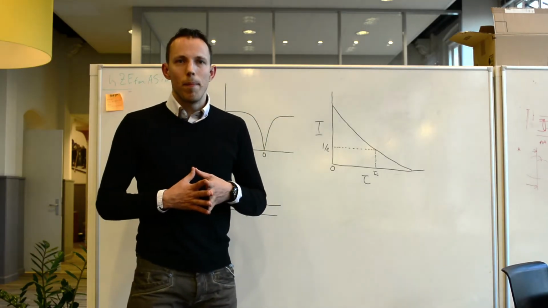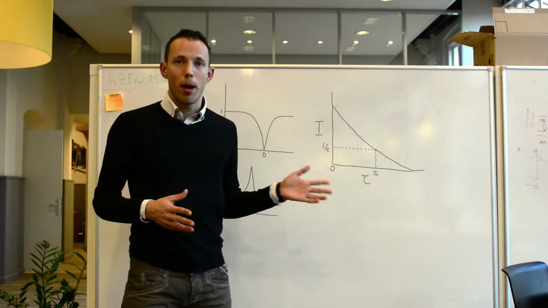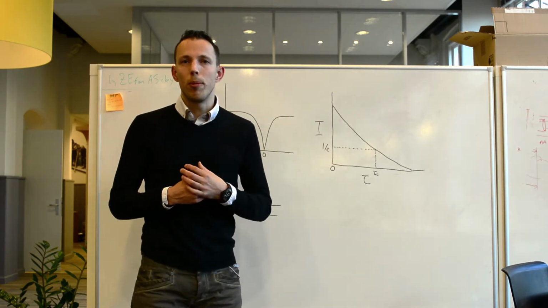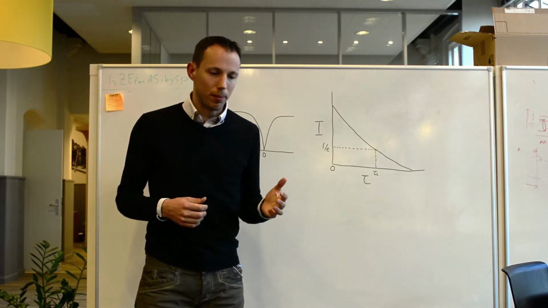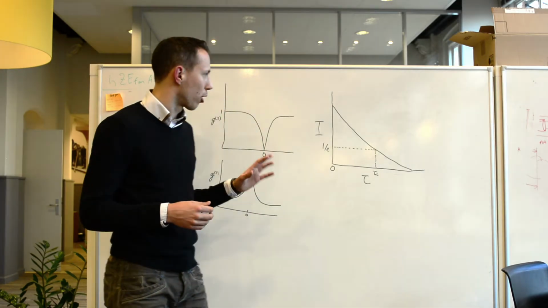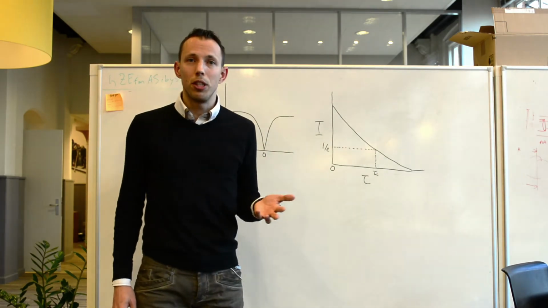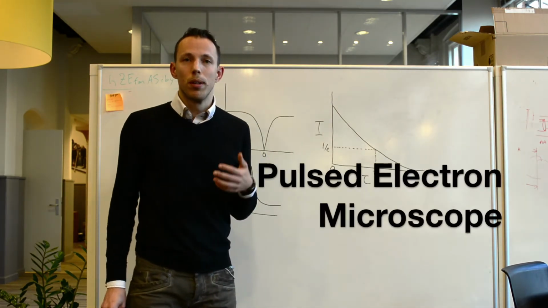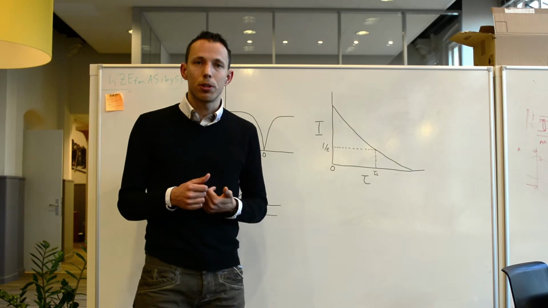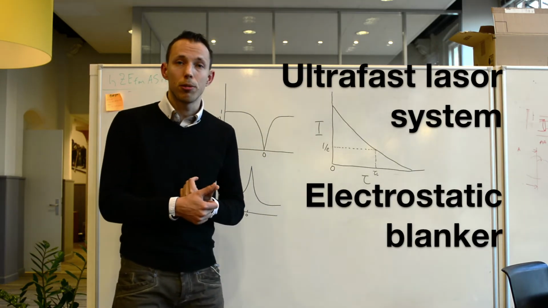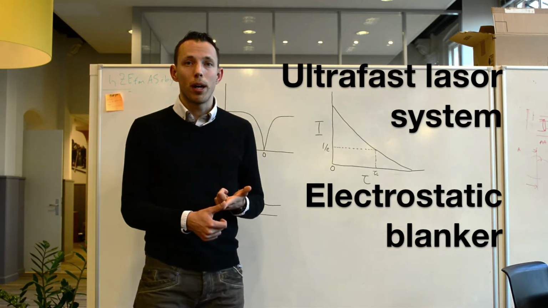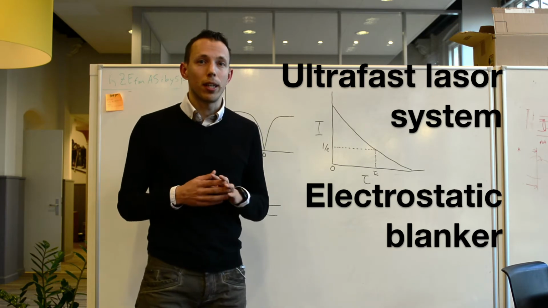Experimentally, the two techniques, lifetime imaging and G2 imaging, can be done as follows. And let's start with the decay trace acquisition. For that, as mentioned, you need a pulsed electron microscope, which can either be pulsed by means of an ultrafast laser system or by using a static electrostatic blanker.